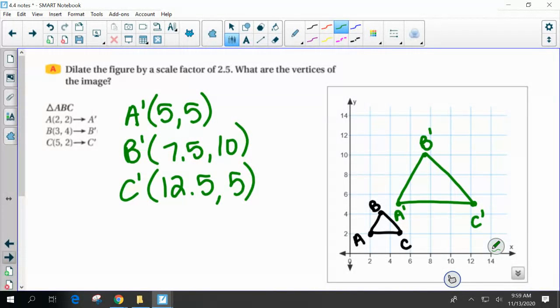Okay, so you're seeing that you increased it by a scale of 2.5. Your triangle got larger by 2.5.